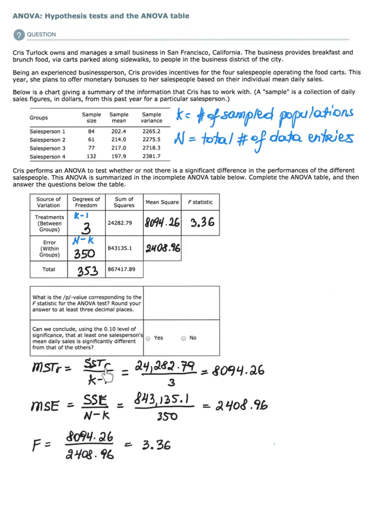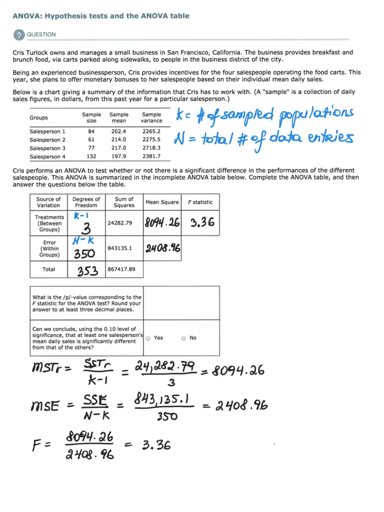So let's come back to treatment mean square. We need to take SSTR, which is given to be 24,282.79, and divide by the corresponding degrees of freedom, 3. We find all of this information in the table, of course. Take this number, 24,282.79, divided by the degrees of freedom to get a treatment mean square of 8,094.26 when rounded to 2 decimal places.